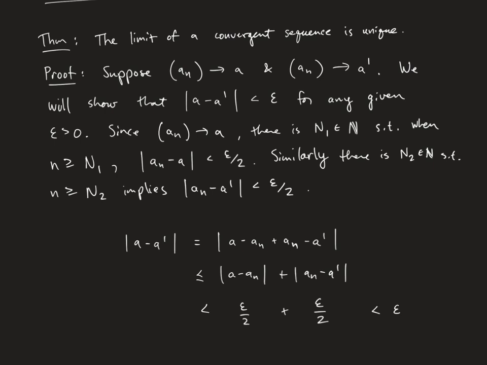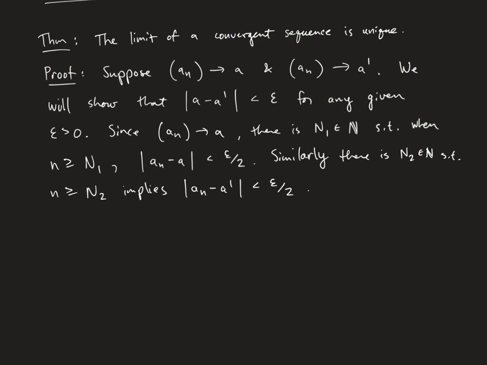Okay, and then all we'll have to do is repeat this little computation down here. So I'm going to erase that. And then all we need is for n to be bigger than or equal to both of these in order to be able to use both of these inequalities.